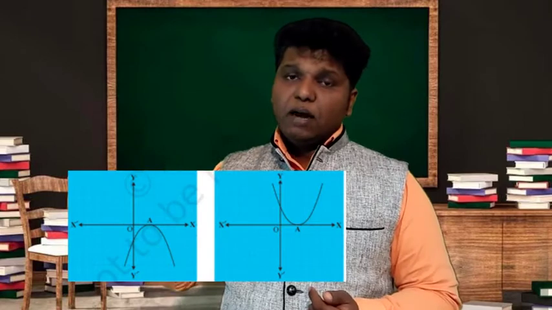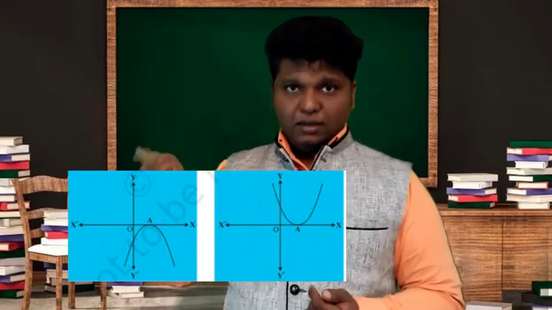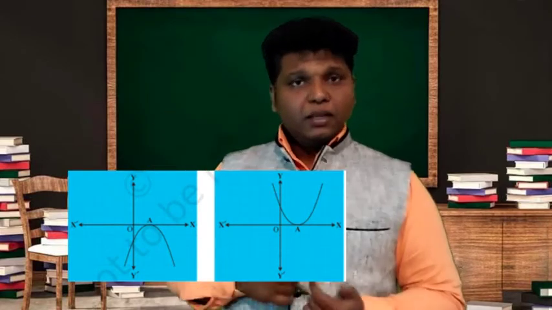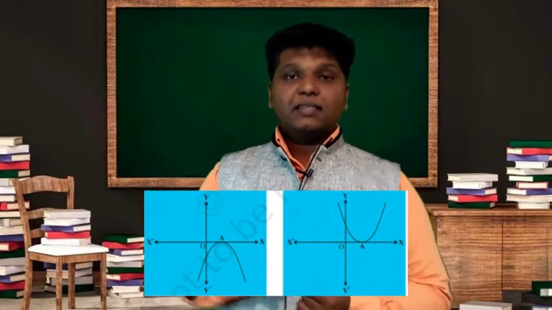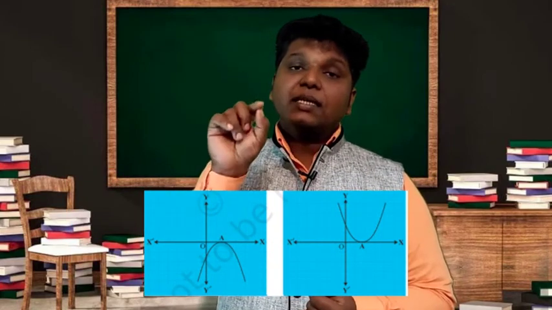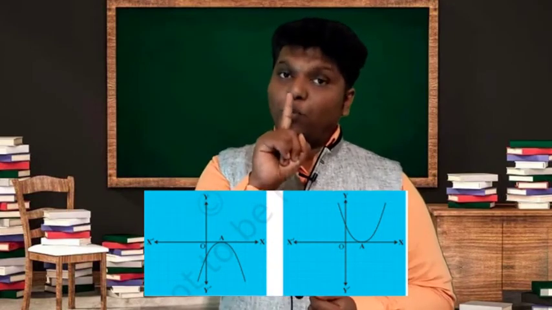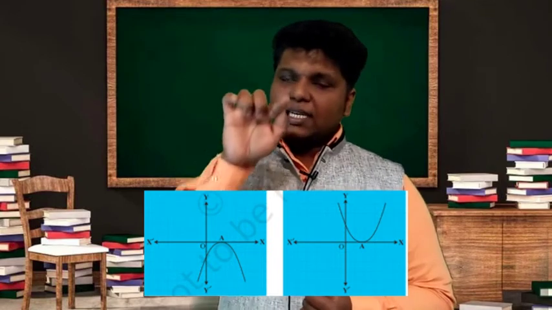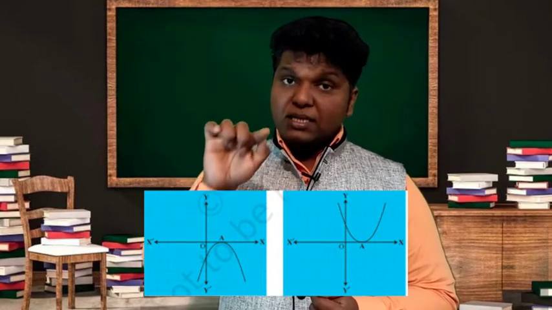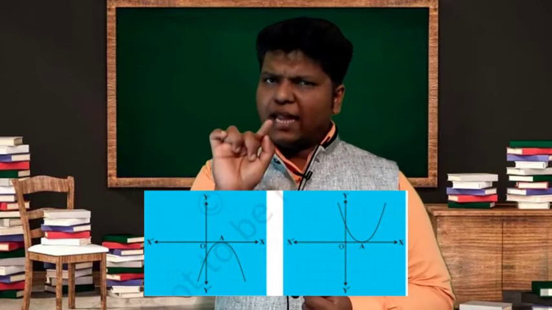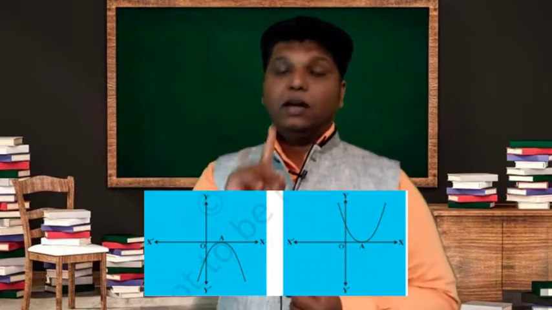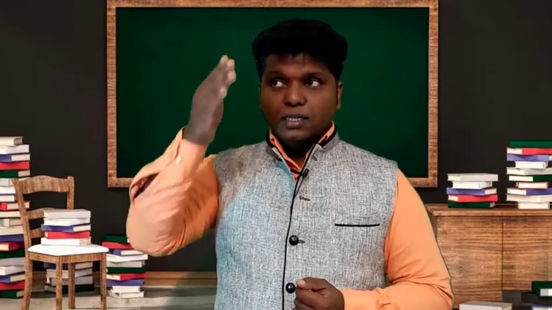In another case, this parabola can be downwards, like this. Third case, the parabola is just touching the x-axis exactly at one point, something like a tangent. Fourth, the parabola is touching 2 points on the x-axis and going out.